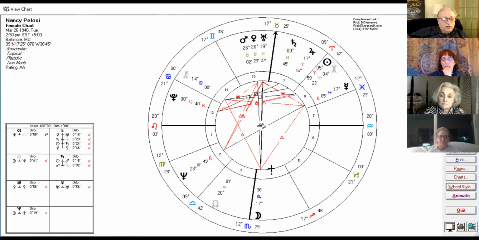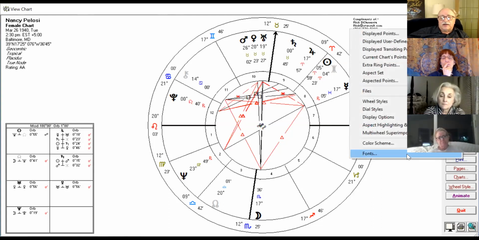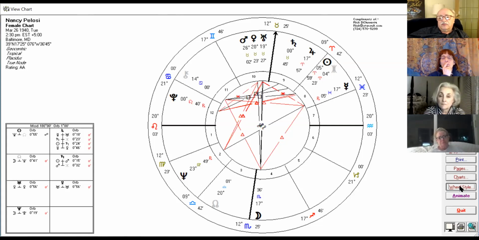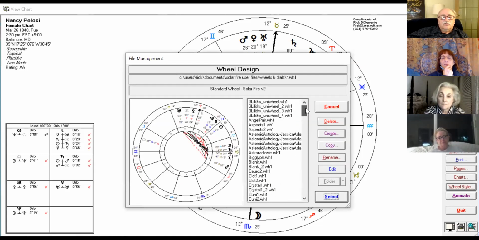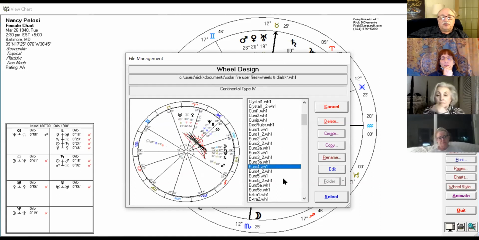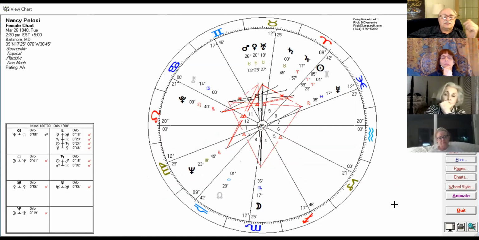I'm used to this for many years, but I'm going to stay on the other one for a while so you can keep seeing what the zodiac looks like compared to the zodiac plus the houses, Euro 4. See, in this system, you're seeing the zodiac and you're seeing the houses.